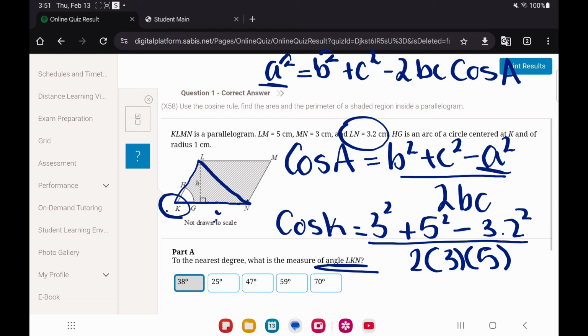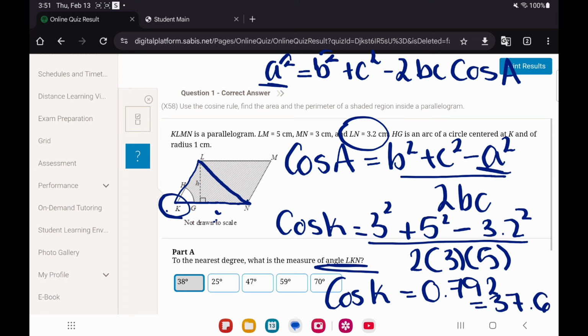Okay, we get cosine K equals 0.792. So let's do shift cosine answer, and we get 37.6. Round it up because they're telling you to the nearest degree, you get 38.